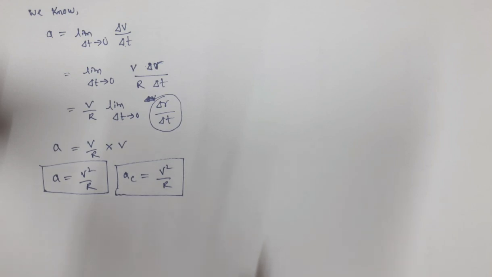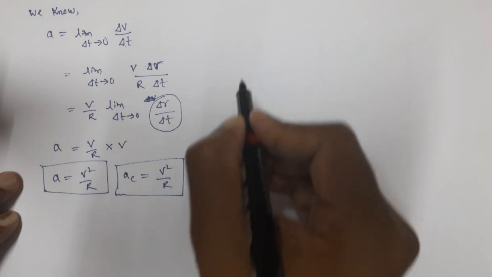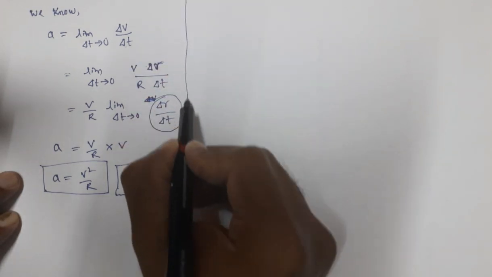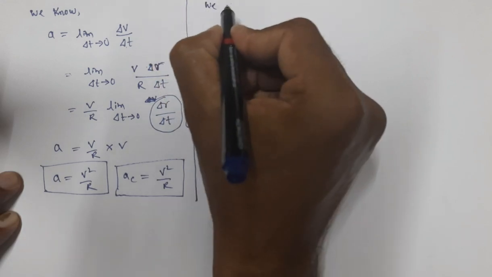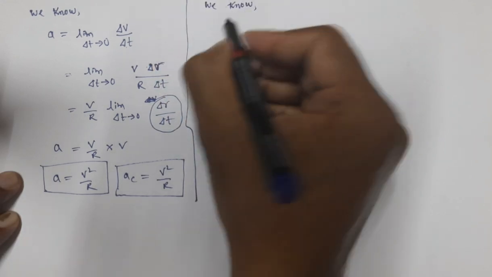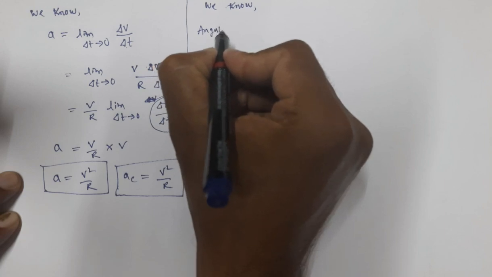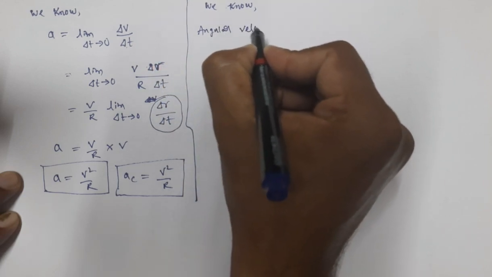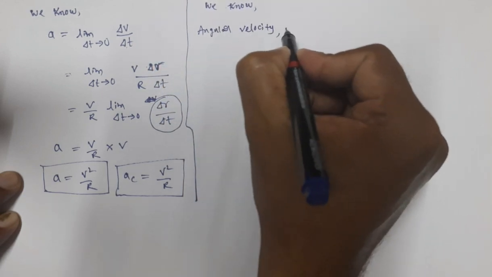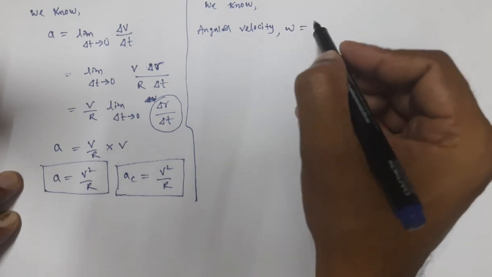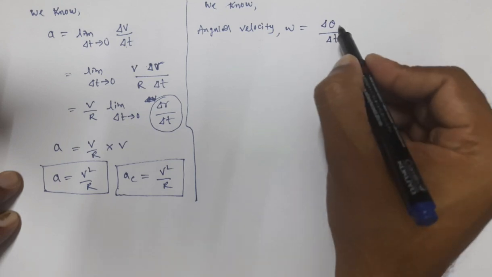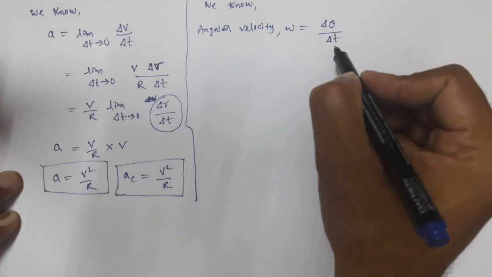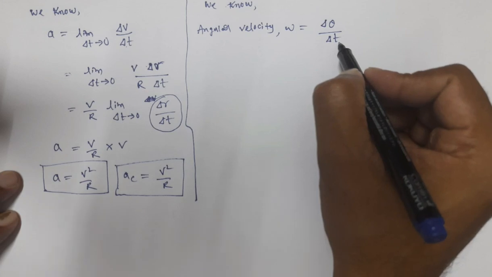Yes. Now let us write this centripetal acceleration in terms of angular velocity omega. Now we know angular velocity omega is equal to, what is the formula, guys? Angular displacement divided by time taken. If delta theta is the angular displacement in time delta t, we can write delta theta by delta t.